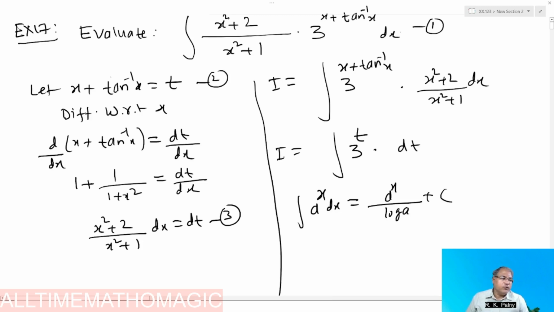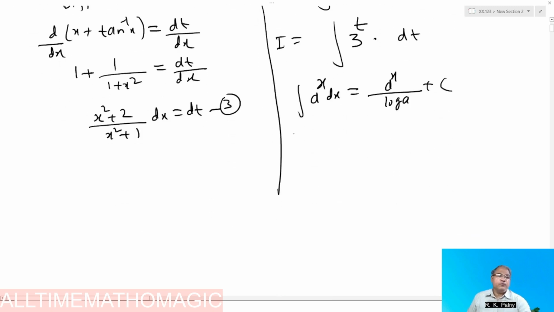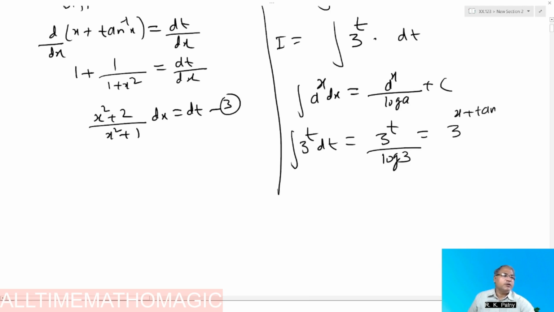Therefore integration of 3 raised to t with respect to t is nothing but 3 raised to t upon log 3. So what is the t value? T value is nothing but x plus tan inverse x, upon log 3 plus c. This is the required solution.